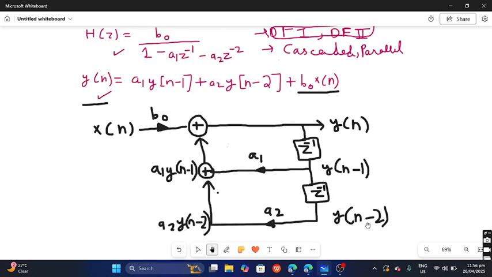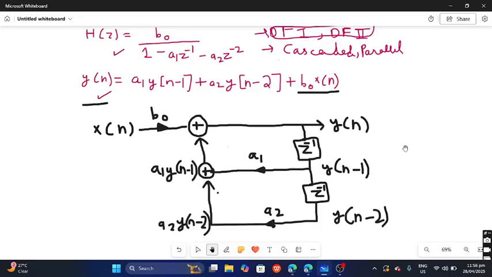Then again delay, it becomes y of n minus 2. Here it is multiplied with a2 and then it goes here. So this is neither DF1 nor DF2, it is a simple structure, but now we will make a DF1 and DF2 realization and it makes the case easier.